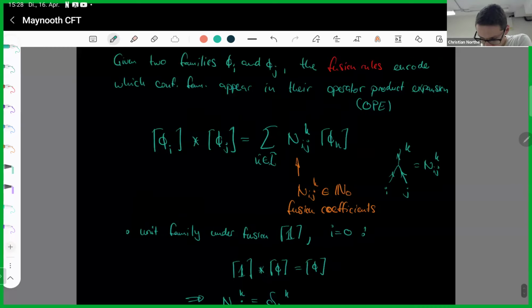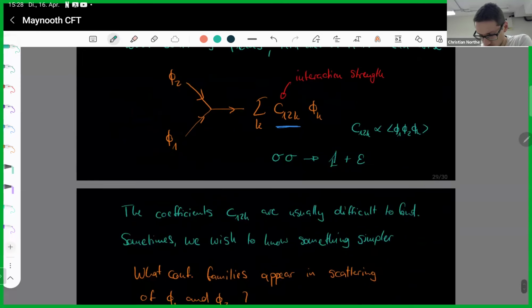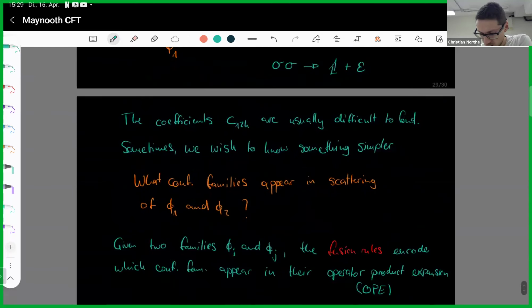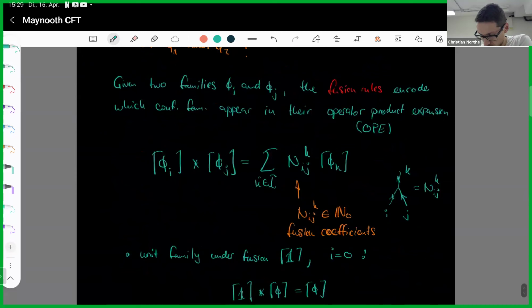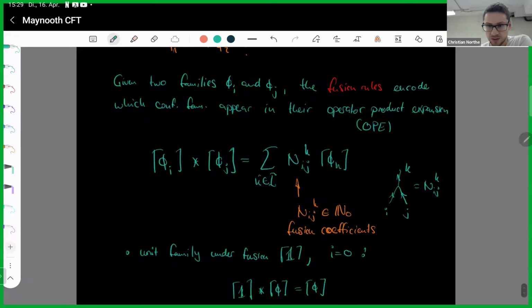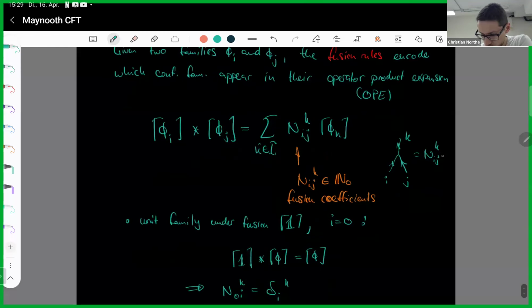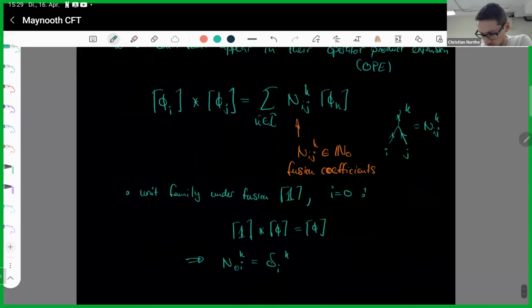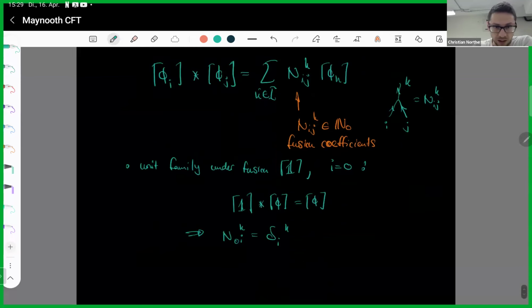Don't confuse this with the diagram for the operator product expansion; here I really just mean the fusion as written here. This diagram codes for an integer number.